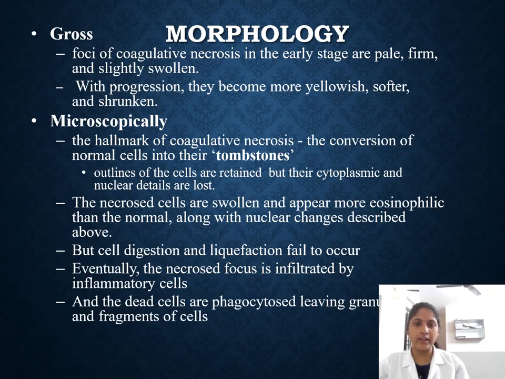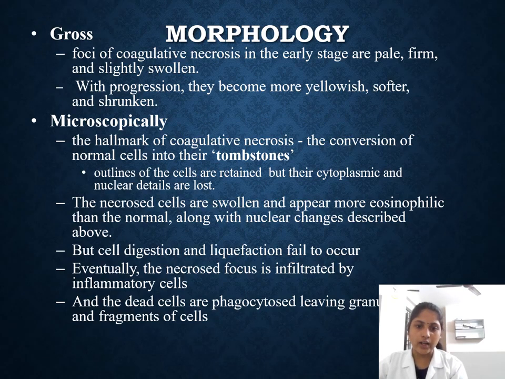Grossly, the foci of coagulative necrosis in the early stage appear pale, firm and slightly swollen. With the progression, they become more yellowish, softer and shrunken. Microscopically, the hallmark of coagulative necrosis is the conversion of normal cells into their tombstone appearances. Outlines of these cells are retained, but the cytoplasmic and nuclear details are lost.